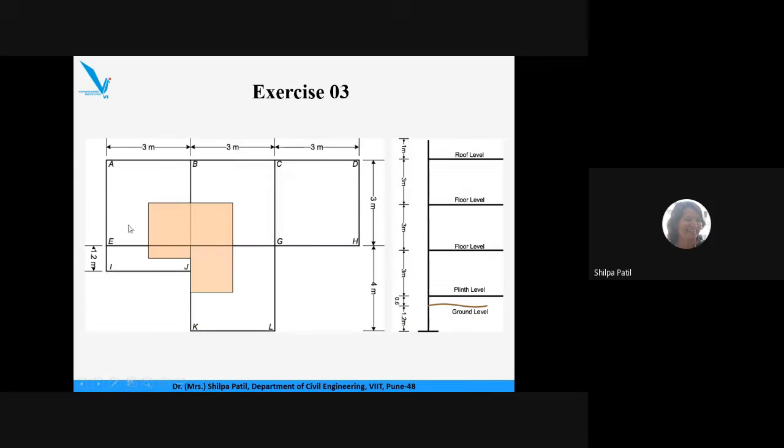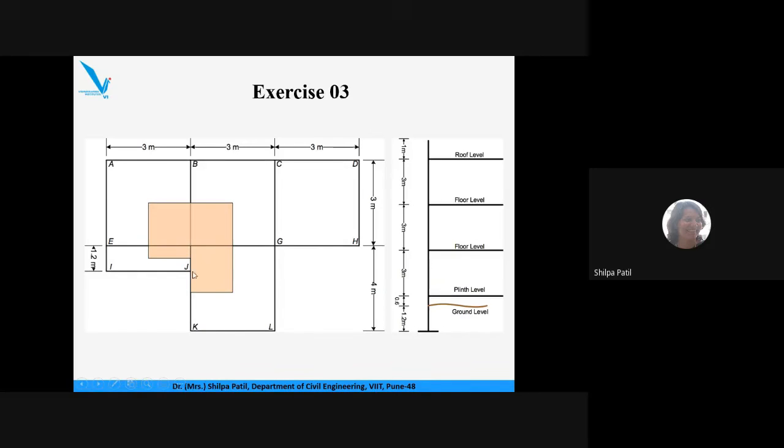So this much length of the beam only we have to consider, because the remaining half length beam, the load will go on this column. This remaining area load will go on B. Similarly here from EF beam, the half of the load from this beam will come on F.